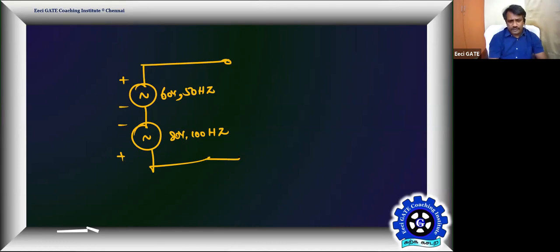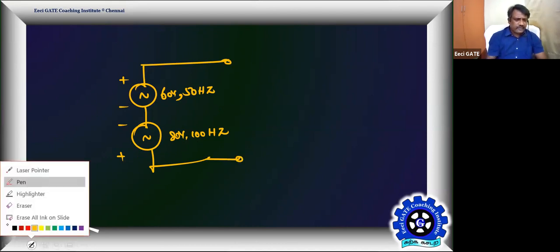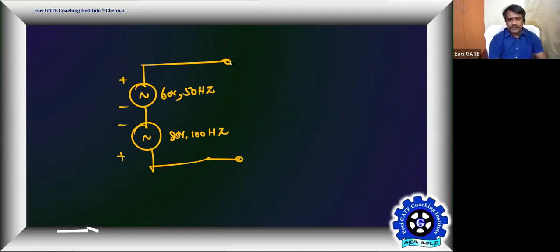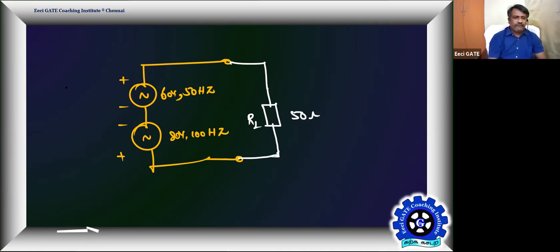This effective source is connected to a resistor or load, 50 ohms. Find the power delivered to the load.